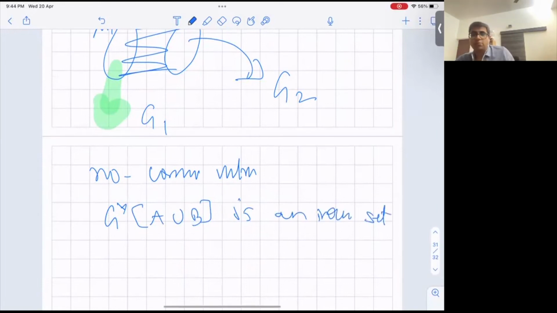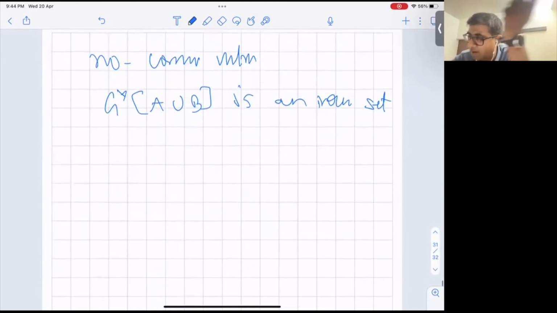So what are we able to see? Every independent set in G star corresponds to a bipartite subgraph, and every bipartite subgraph corresponds to an independent set in G star. So what have we learned from this?